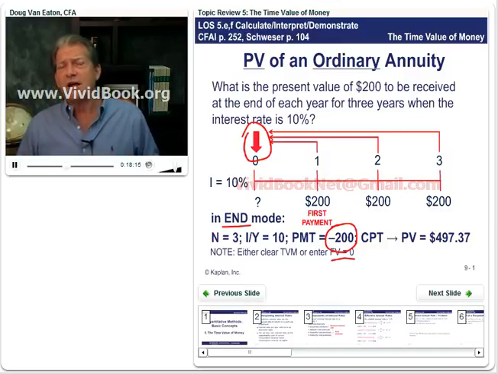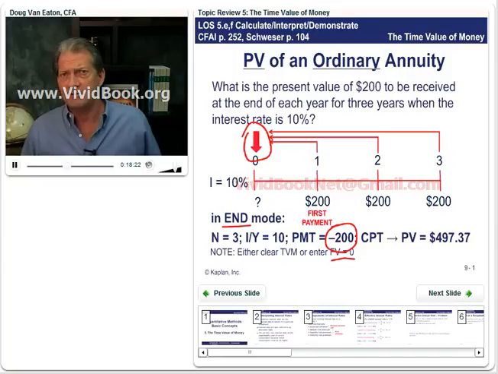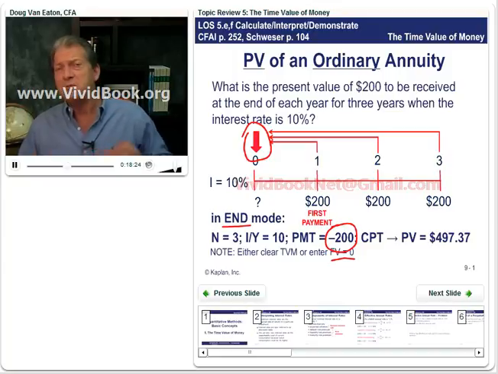What if we had a stock that doesn't pay any dividends for 3 years, then in the 4th year it starts to pay dividends, and they're going to be level in the future after that for however many years? Well, if I calculate the present value of that, and those payments begin 4 years from now, the value I'm calculating in end mode is 3 years from now.